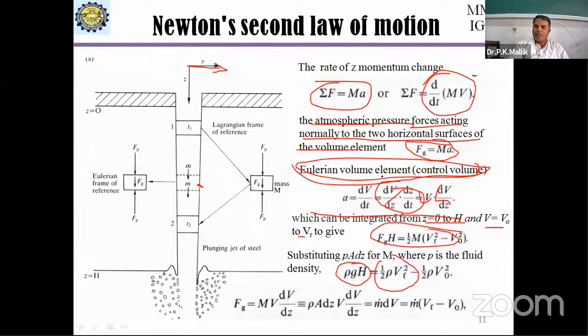From these equations, you rearrange and you will get the momentum equation. This is the rate of change of mass into the velocity, and this is the momentum of the system.